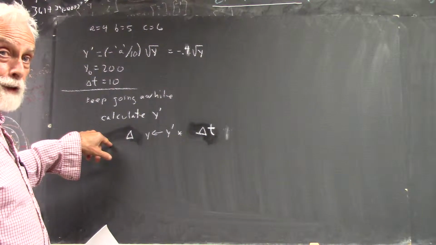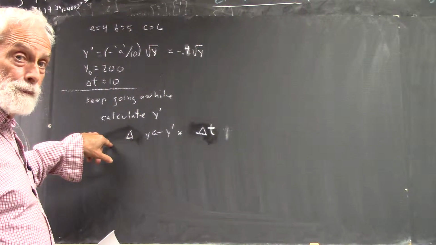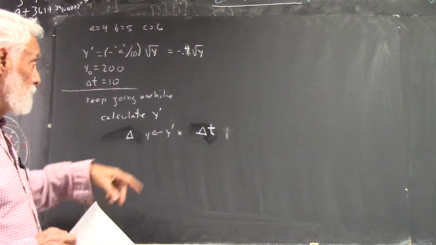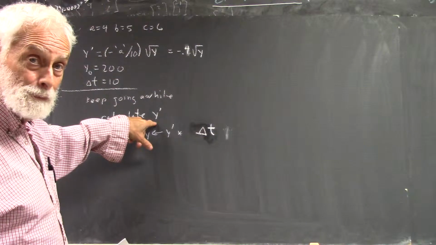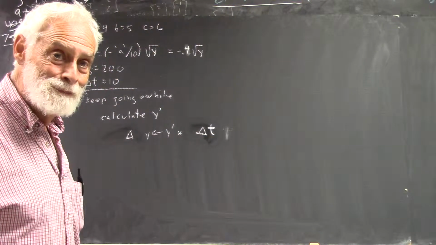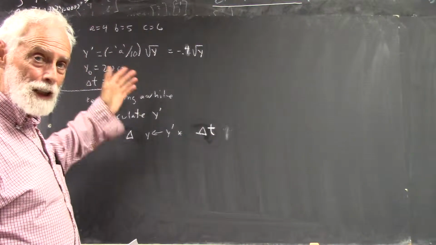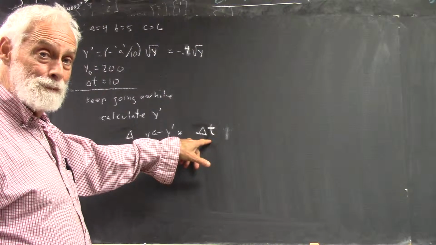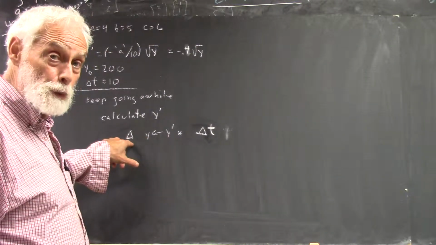Now, can we do that step? Well, you can think of registers if you want. You got y prime in some register. So I could have said y prime goes into register Q, but I just said calculate y prime, and then y prime times delta t becomes delta y, right?